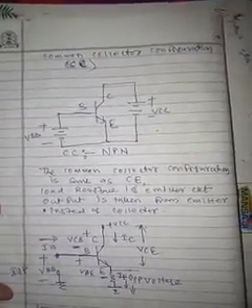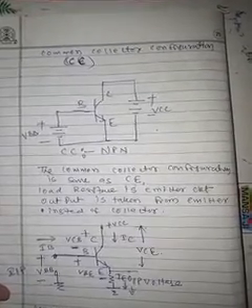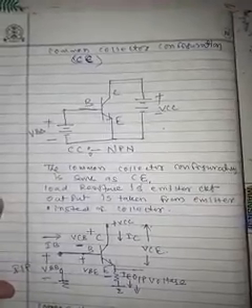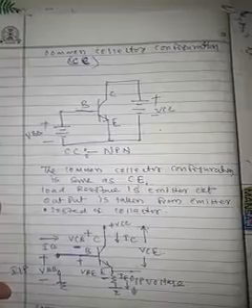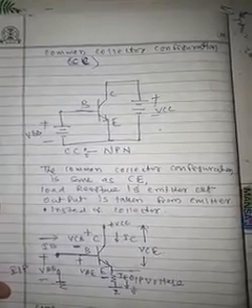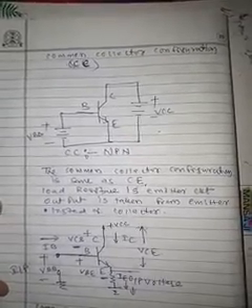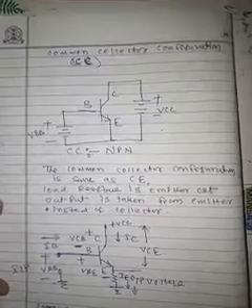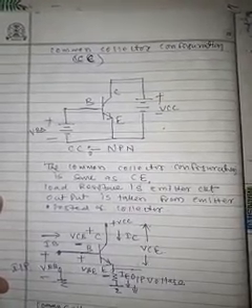We also discussed the common emitter configuration, its input and output characteristics, which is a widely used configuration compared to these two. We have found the common emitter configuration is widely used because of some reasons that we are going to discuss after discussing the common collector configuration.